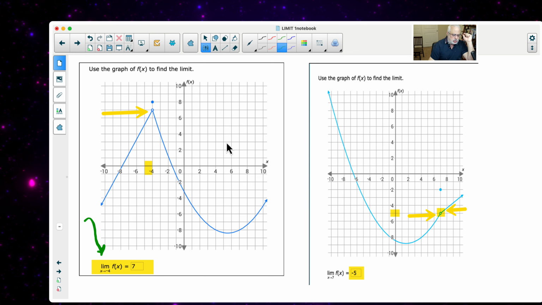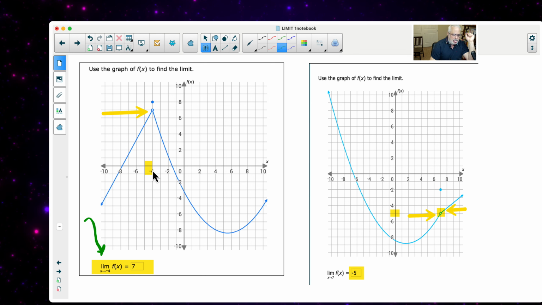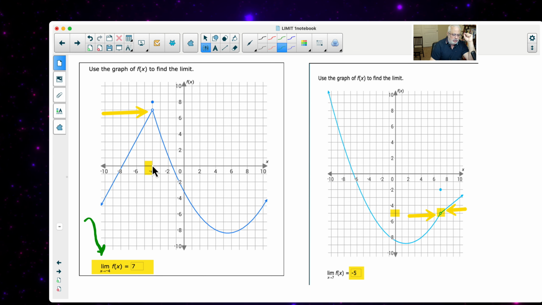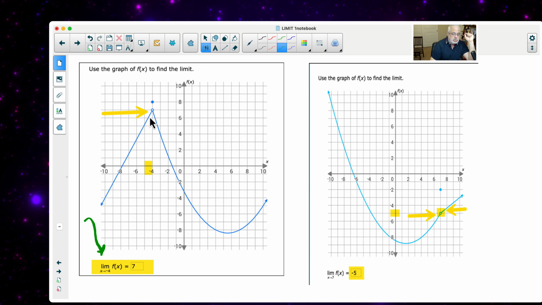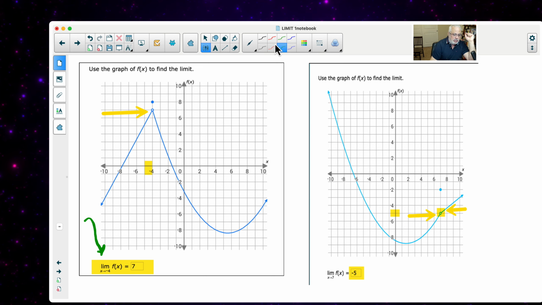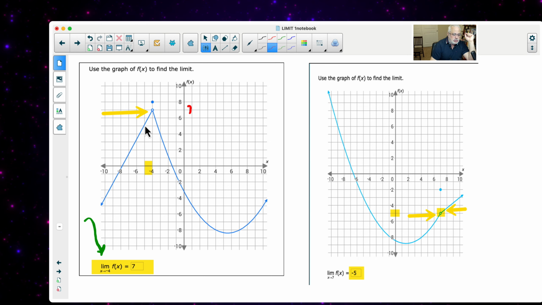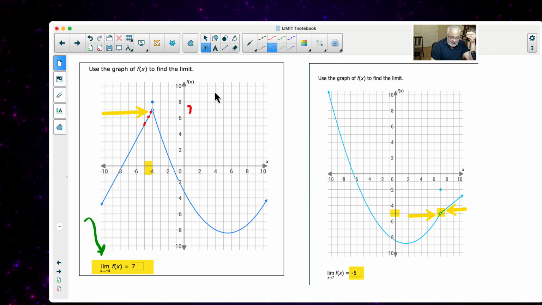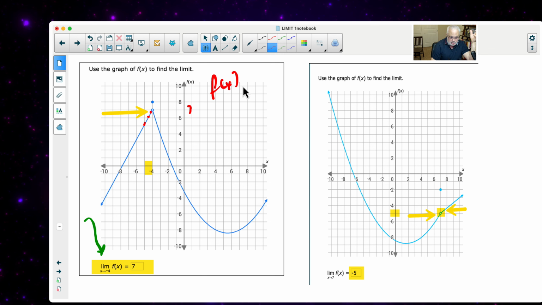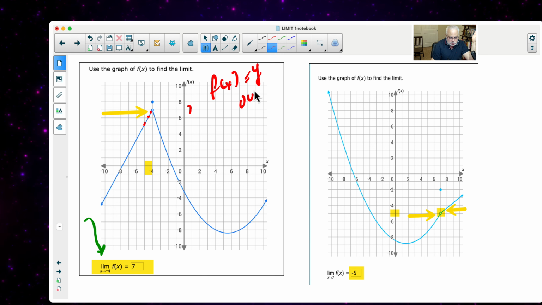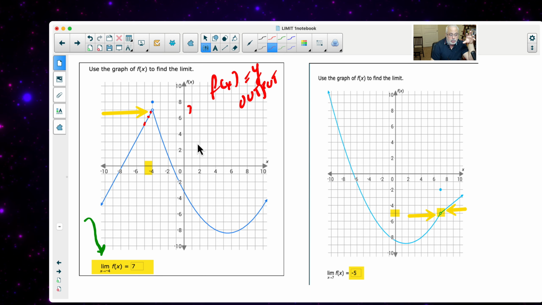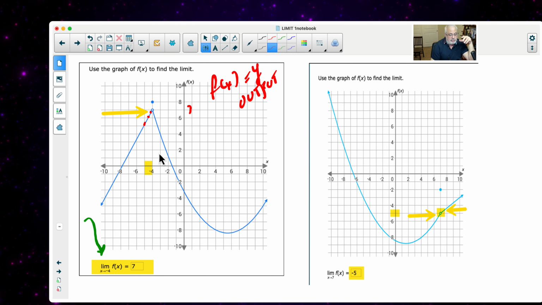If you take a close look right here at negative 4, the function is approaching 7. I have 7 right here. The function is approaching 7. The y values, the f of x values, that represent the output, are approaching 7. This is from the left.